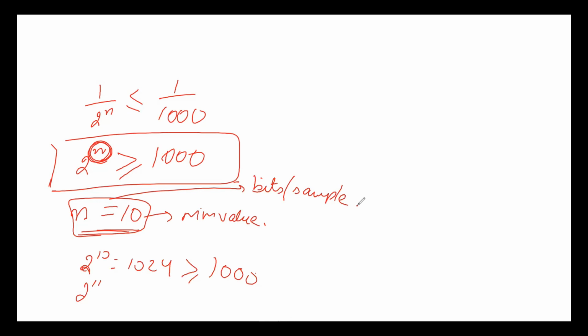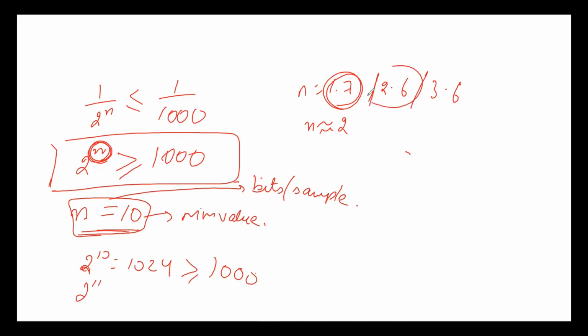It is always an integer. So suppose in any question you get n equal to 1.7, or 2.6, or 3.6, anything in decimal, you can round it off to the nearest value. For example, if I'm getting 1.7, you can take n as approximately equal to 2.